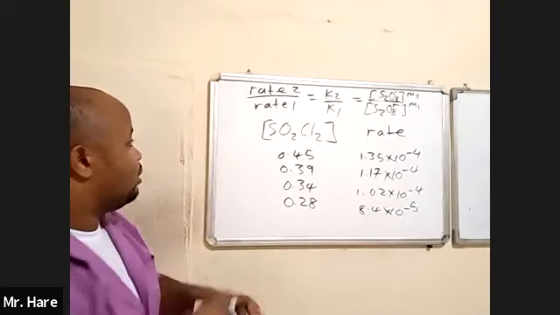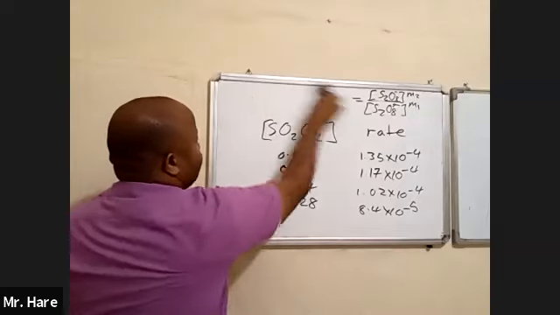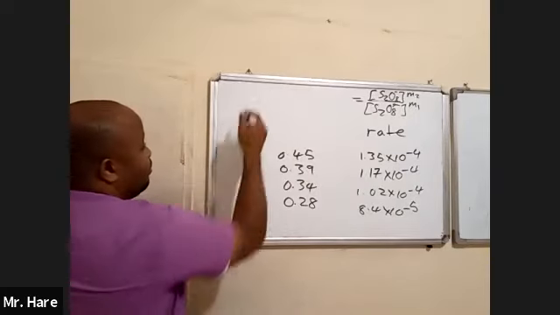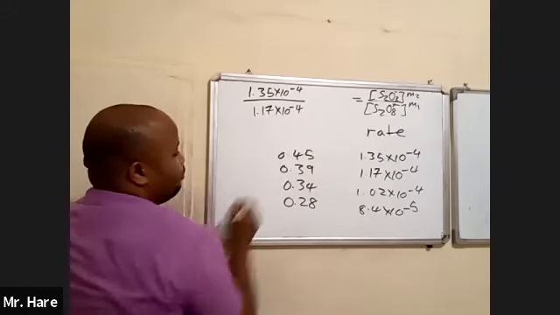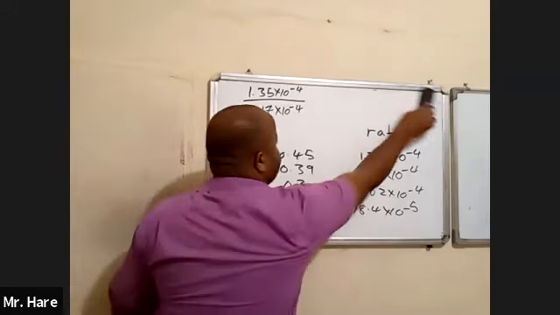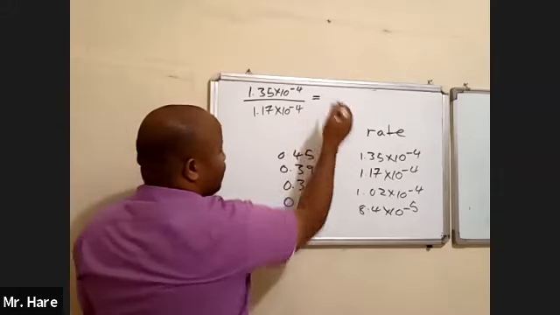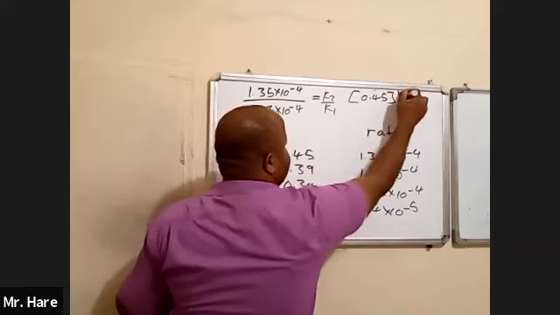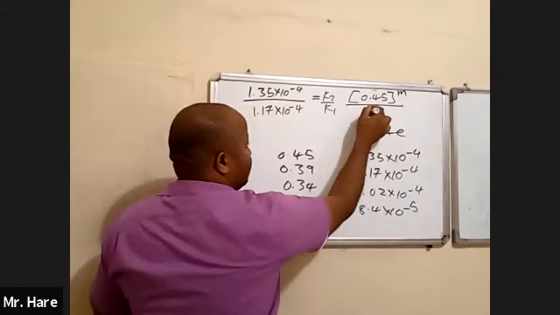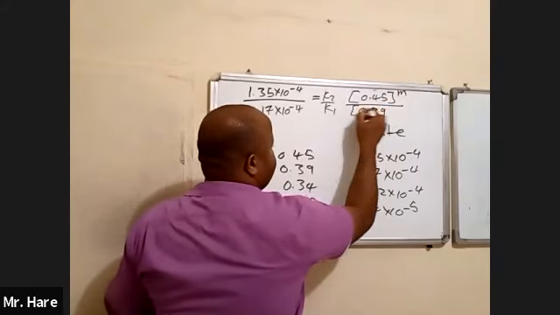So it would have been 1.35 times 10 to the minus 4 divided by 1.17 times 10 to the negative 4. That will be equal to K2 over K1 and the concentration 0.45 divided by 0.39.